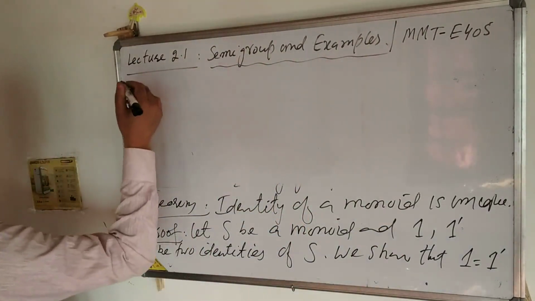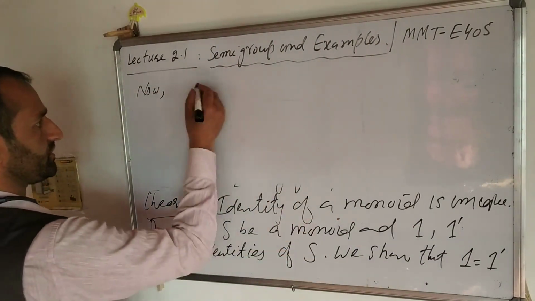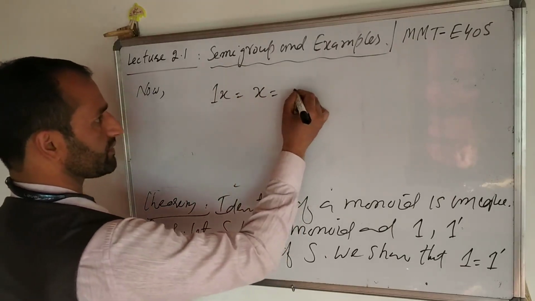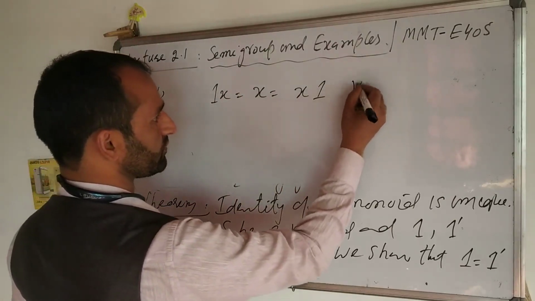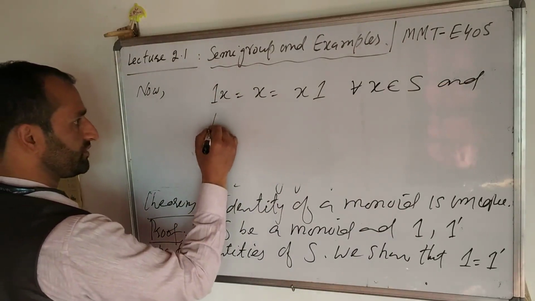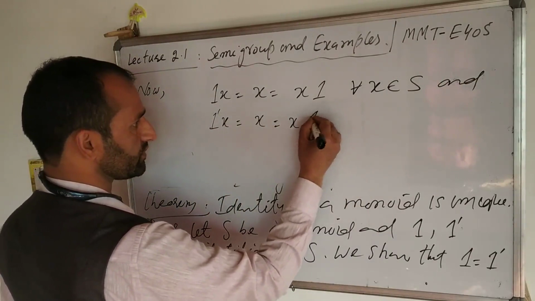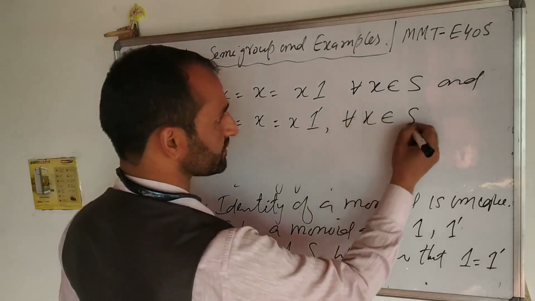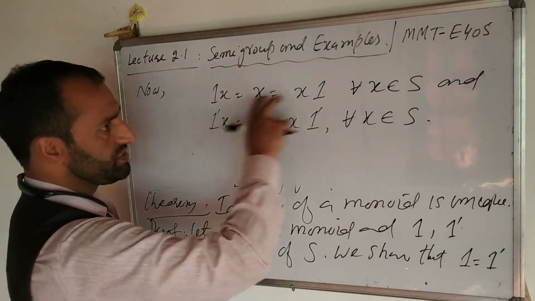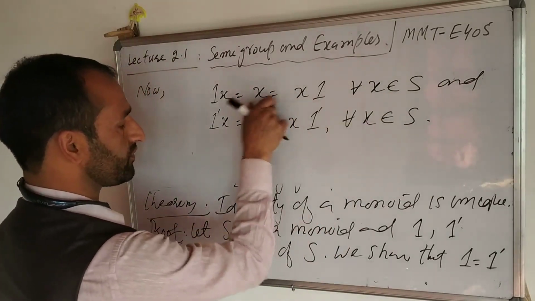Since 1 is the identity, it means that 1 into x is equal to x is equal to x into 1 for all x in S. And 1 dash is also the identity, so 1 dash into x is equal to x is equal to x into 1 dash for all x in S. So since this is true for each x in S and 1 dash is also an element of S, this is true for 1 dash also.